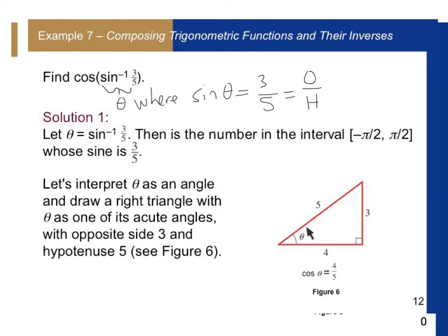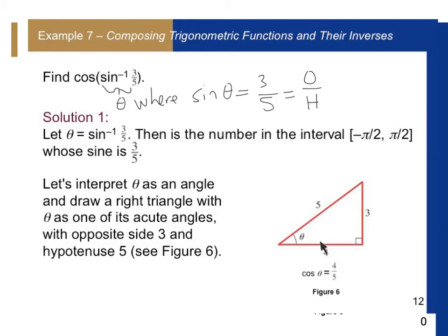Okay? And then we're going to take the cosine of that angle. Now that we have all three sides, we can just say cosine is adjacent over hypotenuse, so that's 4/5. Now we're looking at an angle between minus pi over 2 and plus pi over 2, right? That would make sense.